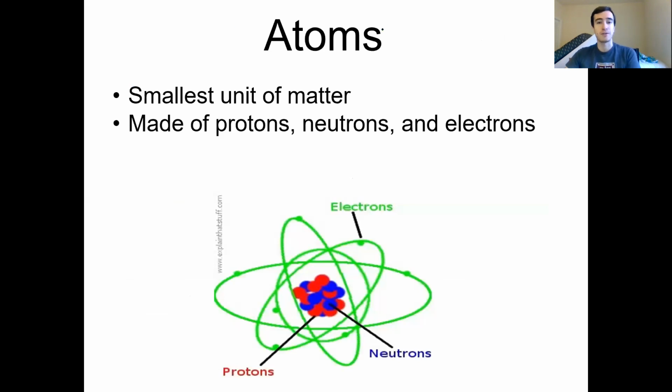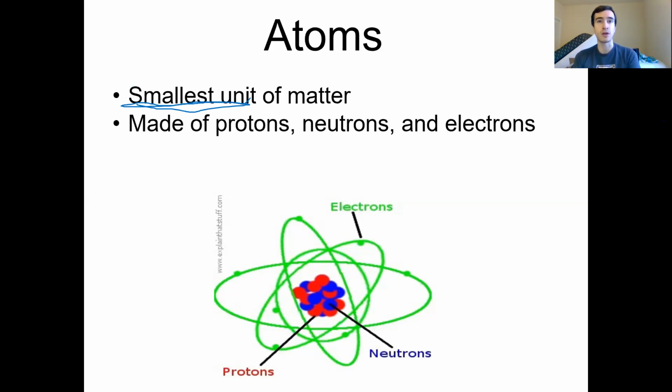So, atoms. These are the smallest unit of matter in the universe. So everything else in the universe, planets, stars, plants, humans, animals, rocks, water, air, it's all made out of atoms.